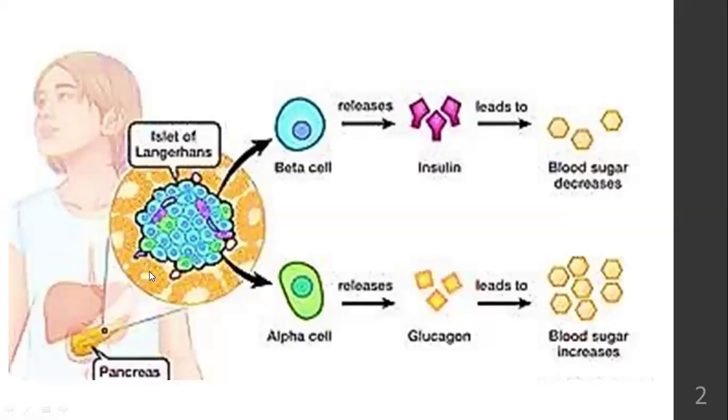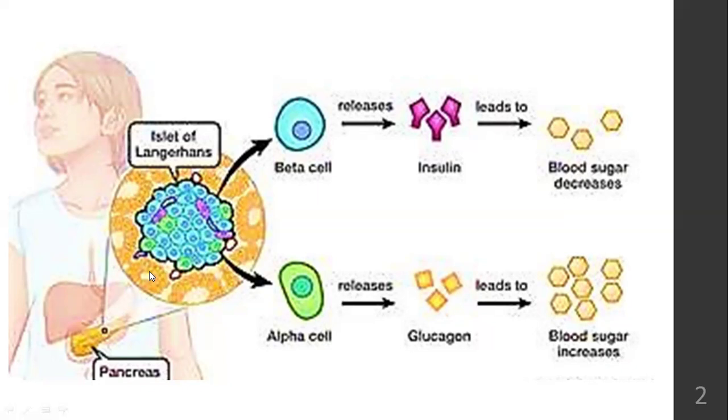So this is the islets of Langerhans, the cells in your pancreas. There are alpha cells and beta cells. Beta cells release insulin, and when insulin is released, whatever blood sugar is there will go down because it is now going into the cells. Alpha cells do the opposite.